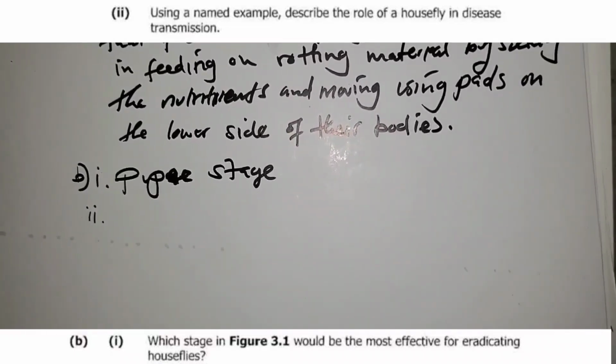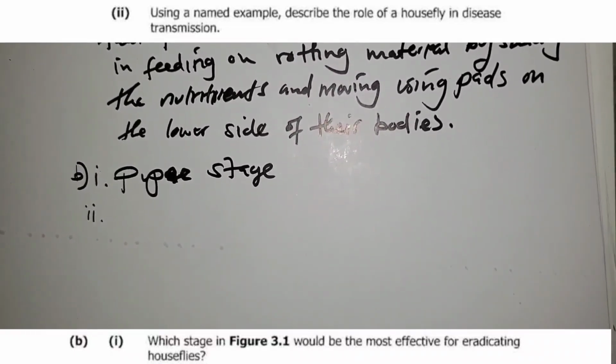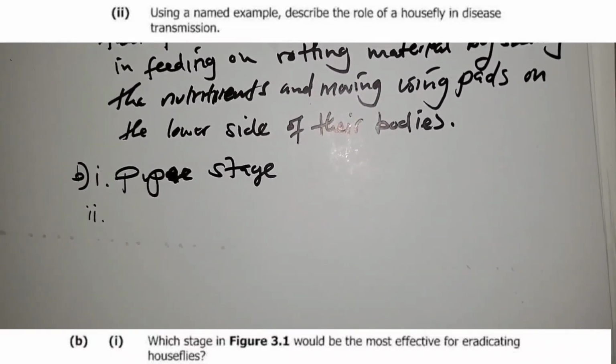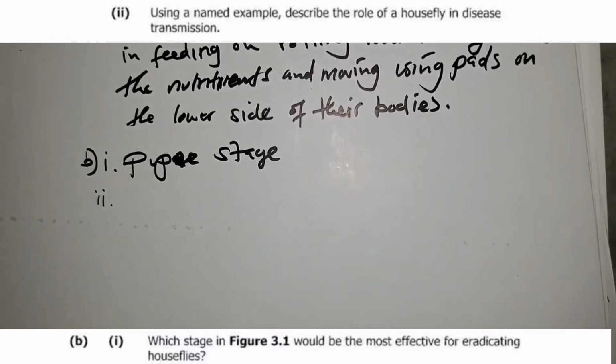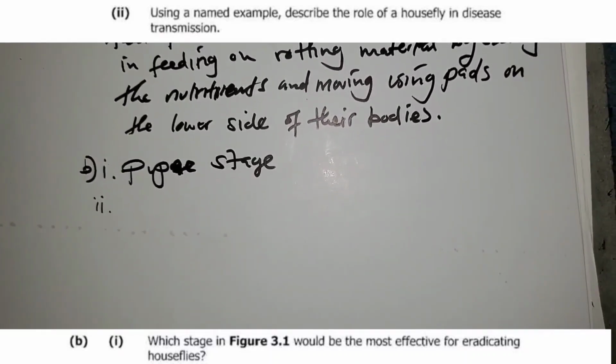Question B2 is saying, using a named example, describe the role of housefly in disease transmission. Okay, named example meaning example of a disease.